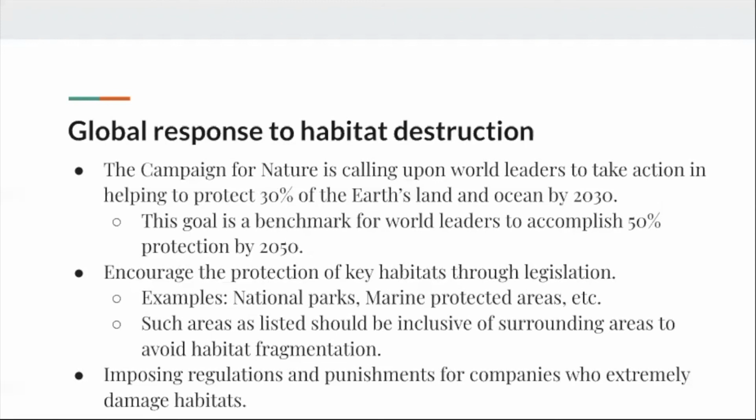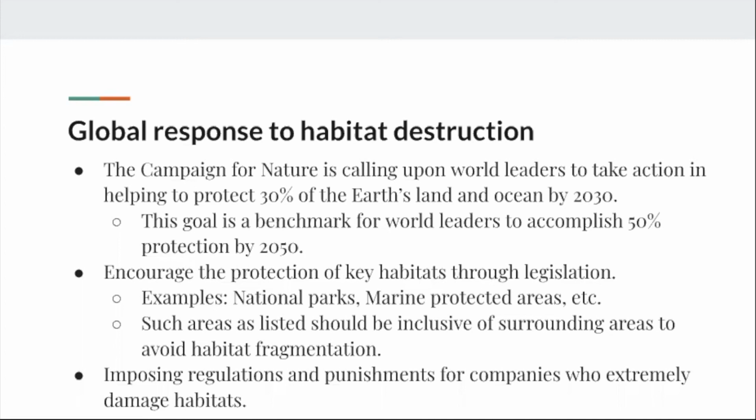And in addition, imposing regulations and punishments for companies who extremely damage habitats. So currently there are a lot of companies that dump into rivers and lakes, and there's also companies who cut down lots of trees and just create a lot of deforestation in the world. And so there should be some punishment or regulations, and both actually, for companies who do this in extreme ways.